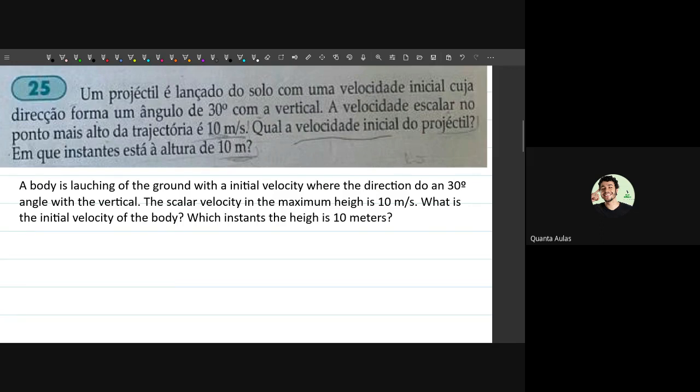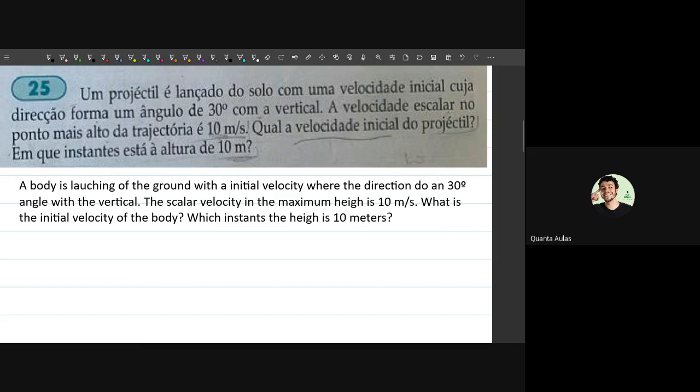Hello. Did you do anything? I don't know how to get the initial velocity. But you have the angle, you have the velocity at the maximum height.